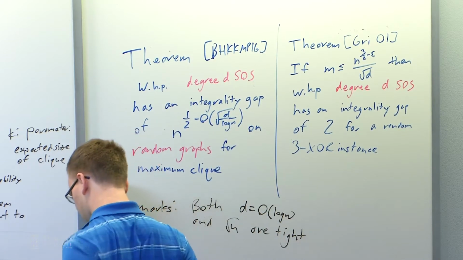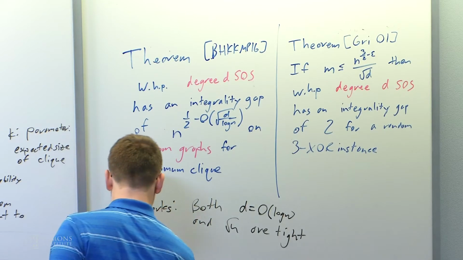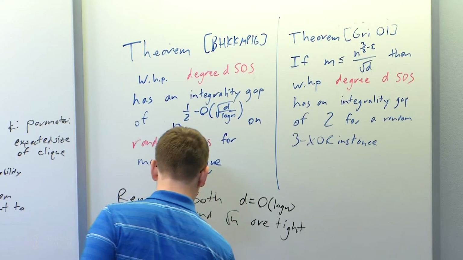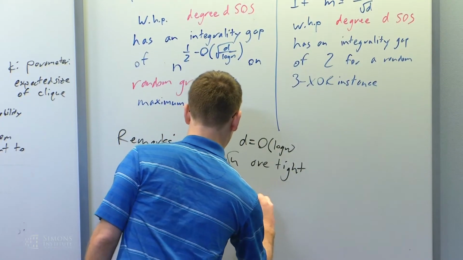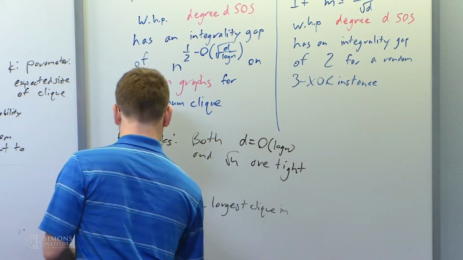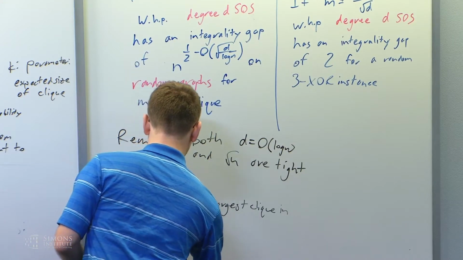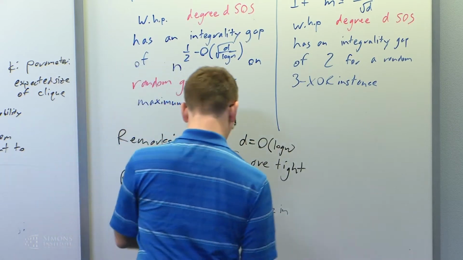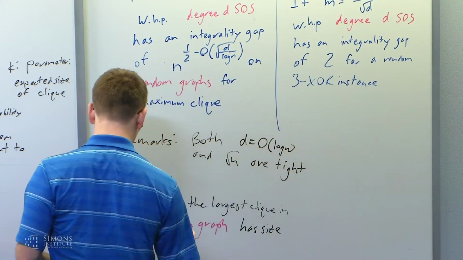The reason for this: if you look at a random graph, with high probability the largest clique in a random graph has size of almost exactly 2 log n.